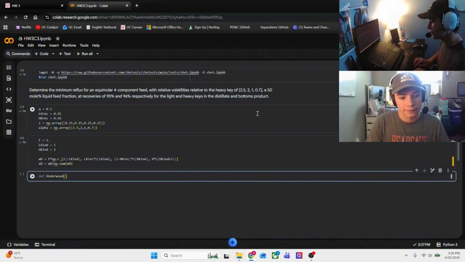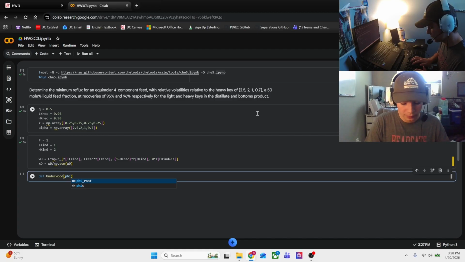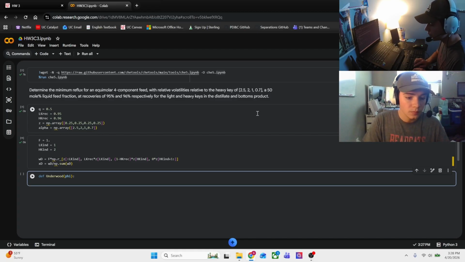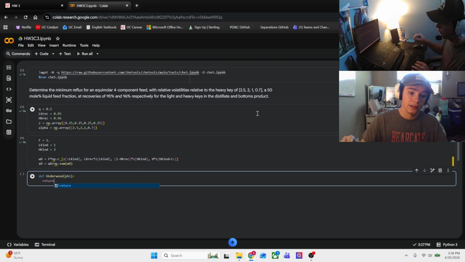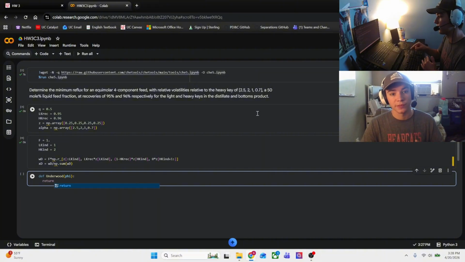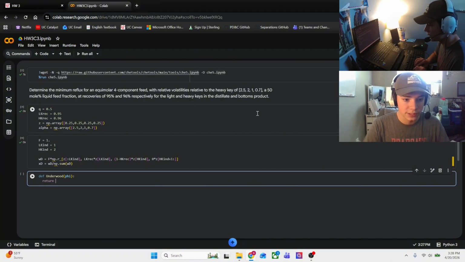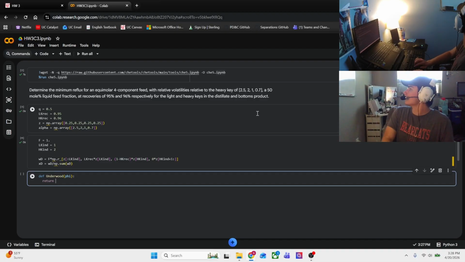And we know this is a function of that phi value we were talking about earlier. And then from there, we're just going to return that Underwood function, but we're going to move the 1 minus q to the other side of the function because we're going to be doing a minimization. So we want that one side to be at 0. So we look up at the board here for our function.